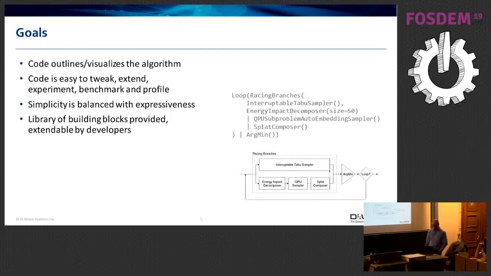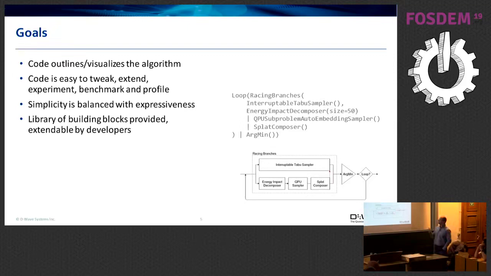So the idea is to visually outline the algorithm for the code to be easy to tweak, because you can easily tweak parameters, you can easily tweak structure, and also to extend, you can create your own blocks. And benchmarking and profiling is one of the core features. So we profile by default. But on the other hand, we wanted to balance simplicity with expressiveness.